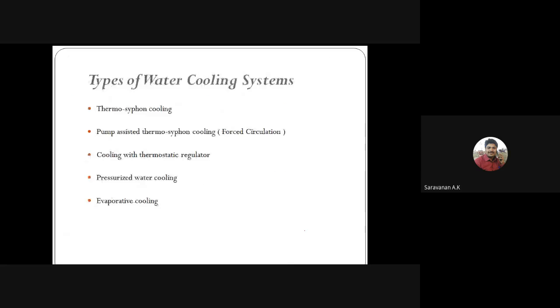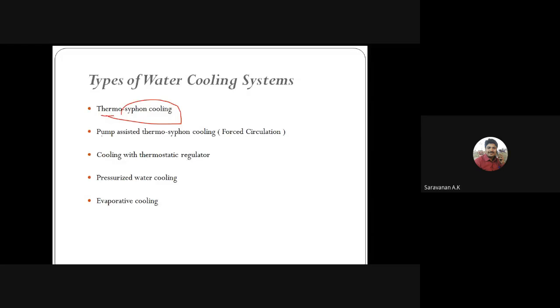Then the second one will be the indirect cooling system, or the water cooling system. Here you can see we have five types of water cooling system. One is the thermosiphon cooling, and the second is the improvement of the thermosiphon cooling, where without pumping we are using the thermosiphon.